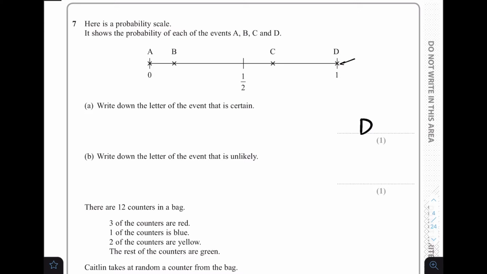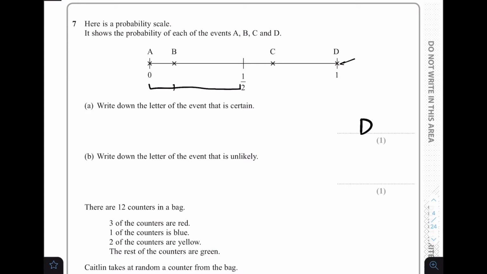Part B, we want to write down the letter of the event that is unlikely. So what we can do here is look at anything below half, because half means it's a 50-50% chance of happening. For an event to be unlikely, it's got to have less than half probability. We can also see that there are 2 entries here at A and B. The probability of A happening is 0.